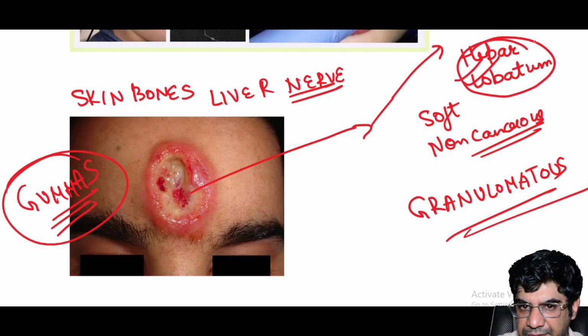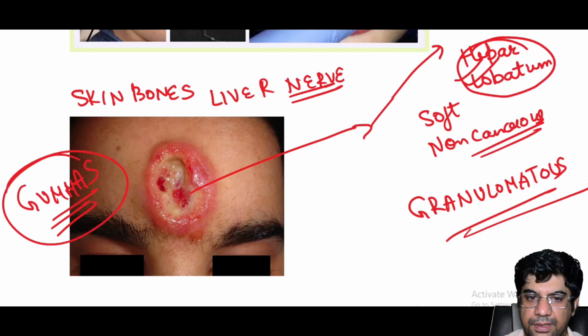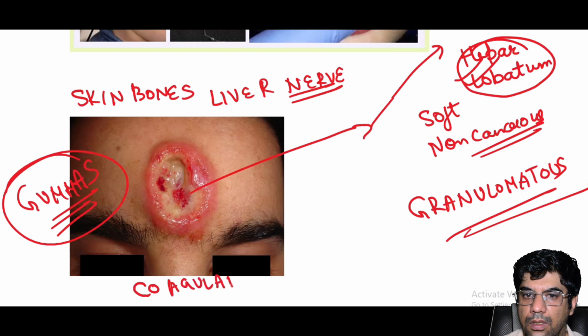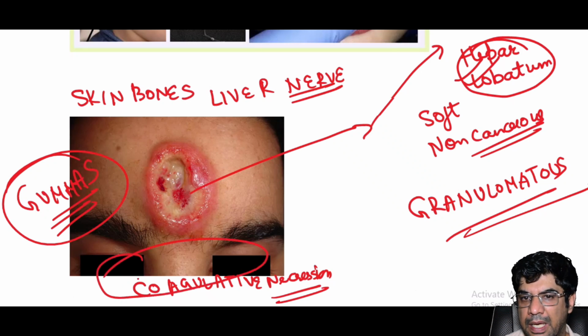Now the histology of gumma: the peripheral area shows coagulative necrosis, and there is central necrosis, and the surrounding zone contains macrophages, many plasma cells, lymphocytes, giant cells, etc. So where can gumma be found in the body?